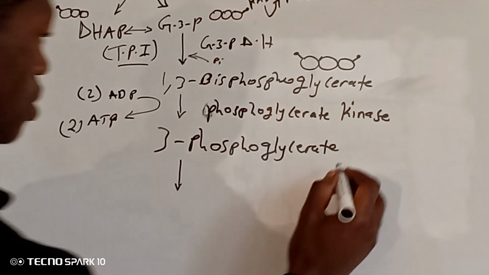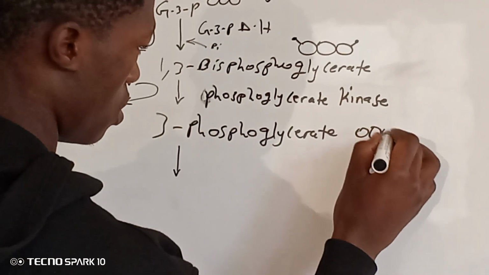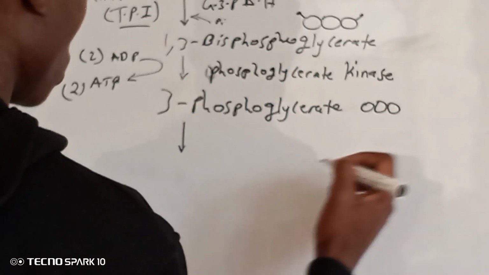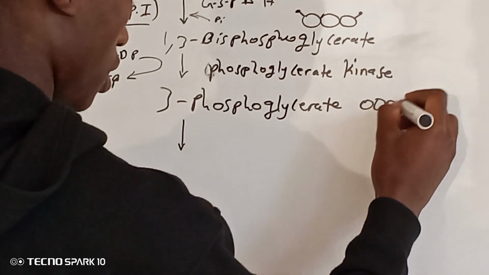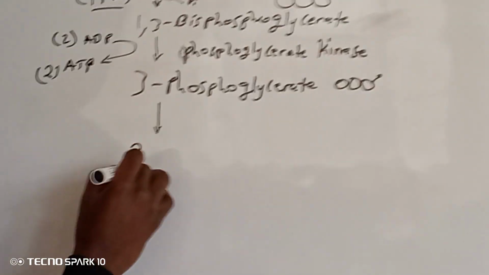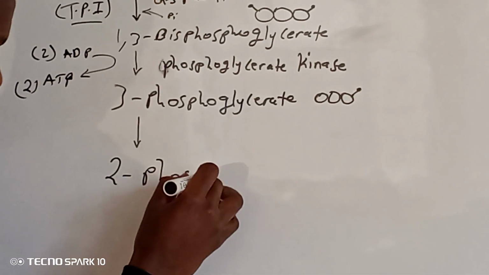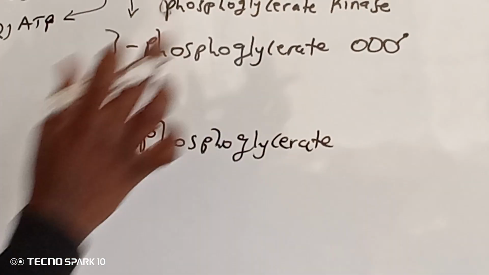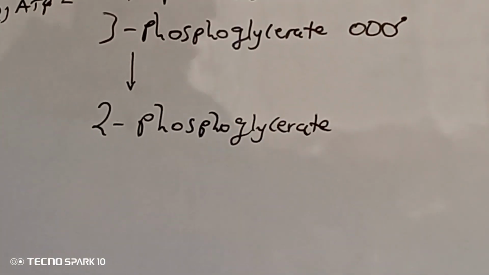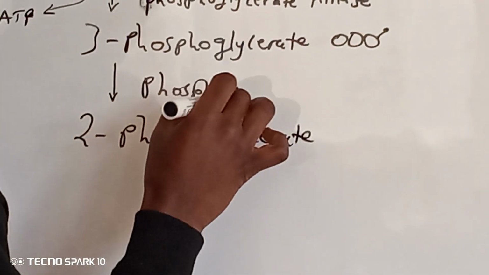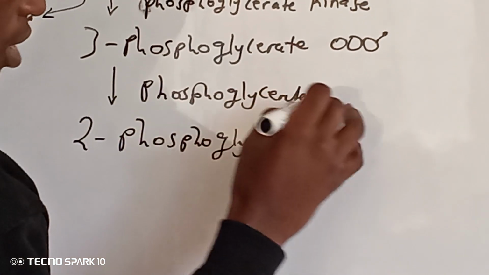3-phosphoglycerate is going to be acted upon by another enzyme, to give us 2-phosphoglycerate. Of course, you know the phosphate is at position 3. This enzyme is called phosphoglycerate mutase.